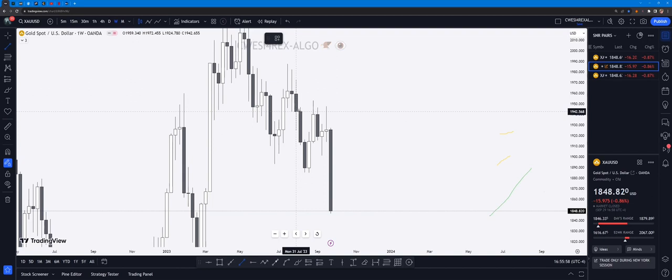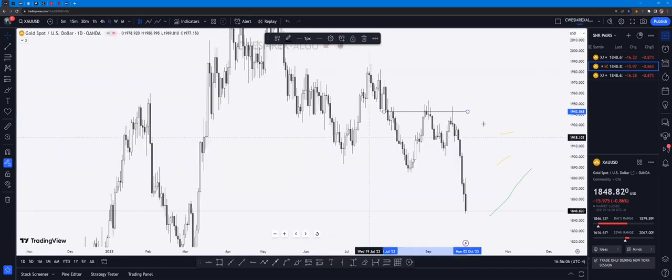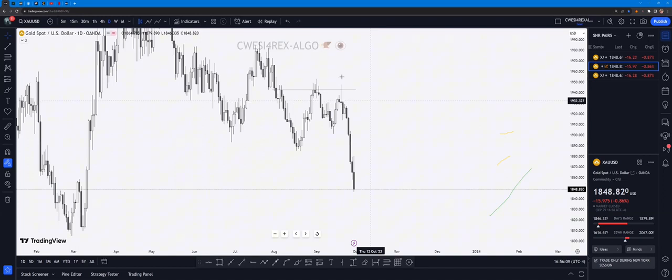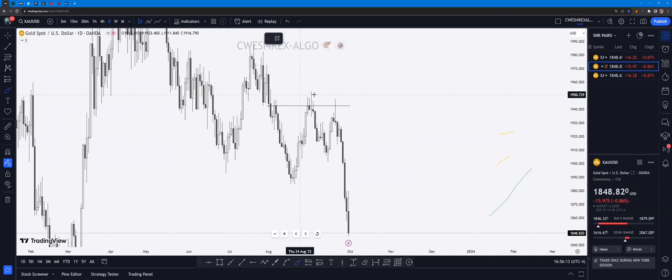So if you see weekly rejecting weekly, then you want to scale down to the daily and look for a daily breakout, pullback, then entry. This was our weekly rejecting weekly. Then you can see we had this breakout, and we had this breakout also.